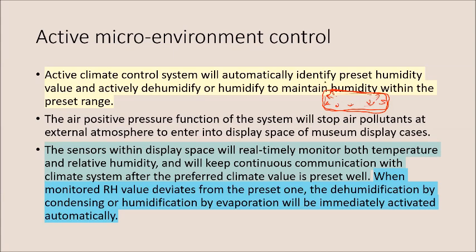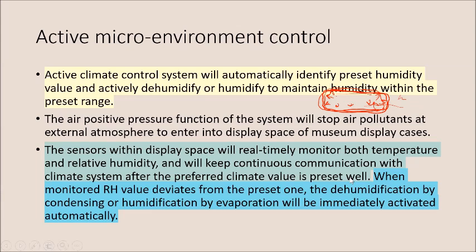So a positive air pressure is maintained in the system of the display case, the display space of the museum display case. This is done in active microenvironment control, and can be done in active microenvironment control only.